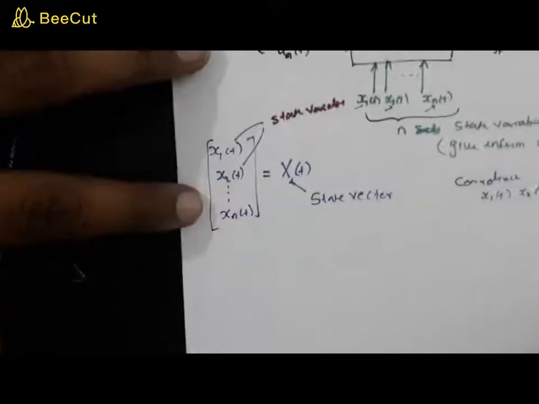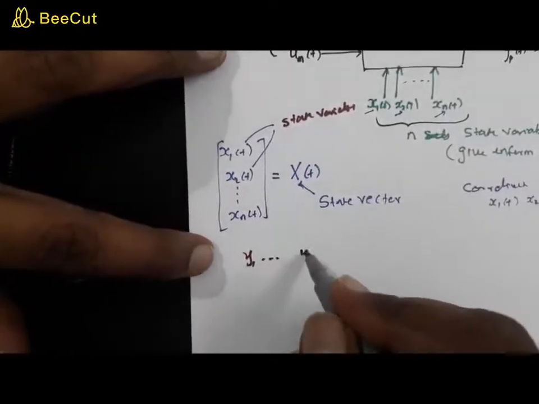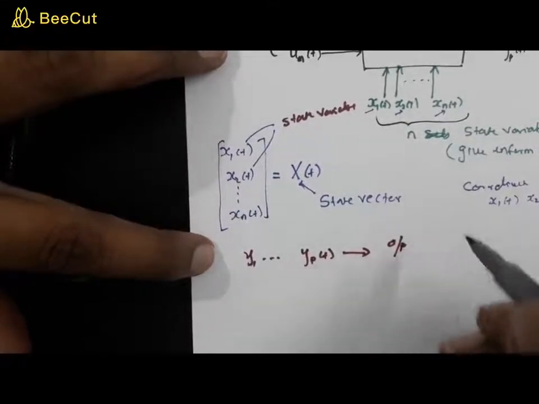Now, y1 up to yp of t can be considered as the p outputs.